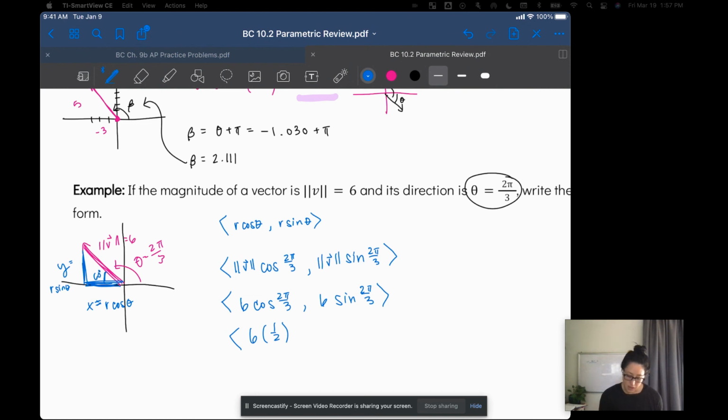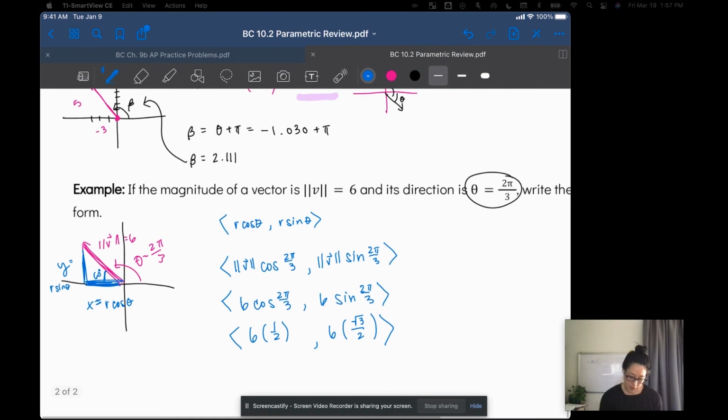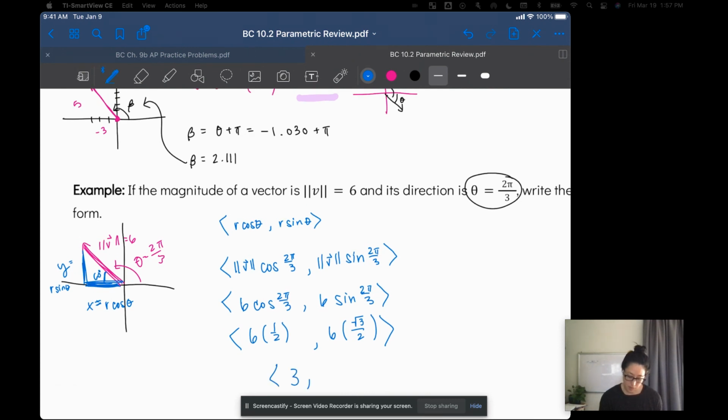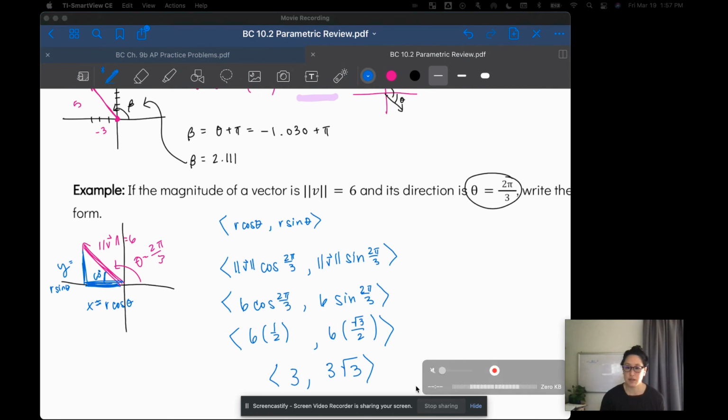The shorter side would be the x side, the taller side would be the y side. So I'm going to multiply 6 times the sine of 2 pi over 3, or times root 3 over 2. Then I simplify to give me -3, comma, 3 root 3. Okay, that's vectors for now.